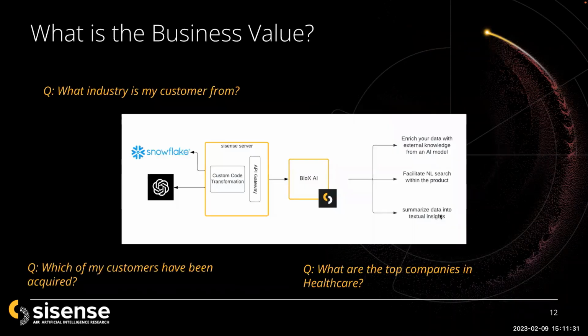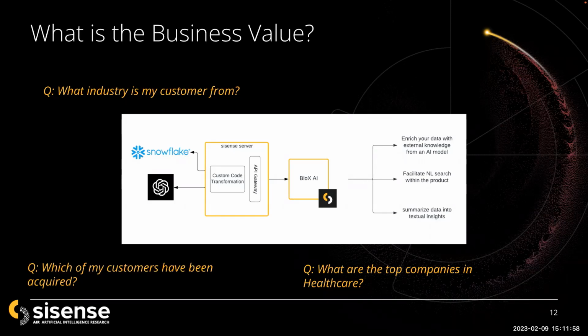Okay, what's the business value? So I think there are endless opportunities here. I highlighted 3 of them. Enriching your data with external knowledge from an AI model. So I'm just asking for new data and bringing that into Sisense. Or I can take data from Sisense and with the result, ask a question from the model and get an enriched result.